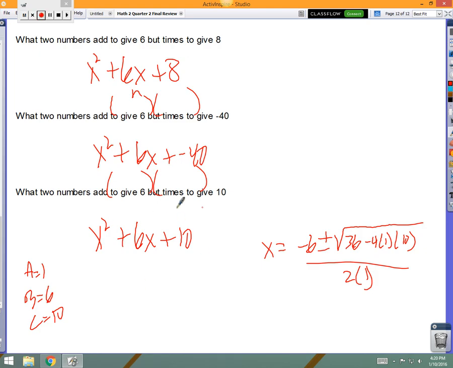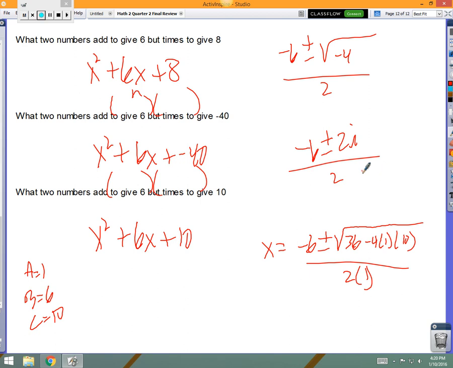You can make up any combo you want, and you can figure them out with the quadratic formula. So if I simplify, this is 36 minus 40, so I've got negative 6 plus or minus the square root of a negative 4 divided by 2, and the square root of negative 4 is 2 imaginary, so it's negative 6 plus or minus 2i divided by 2, and then you just divide both by 2, so it's negative 3 plus or minus 1 imaginary.